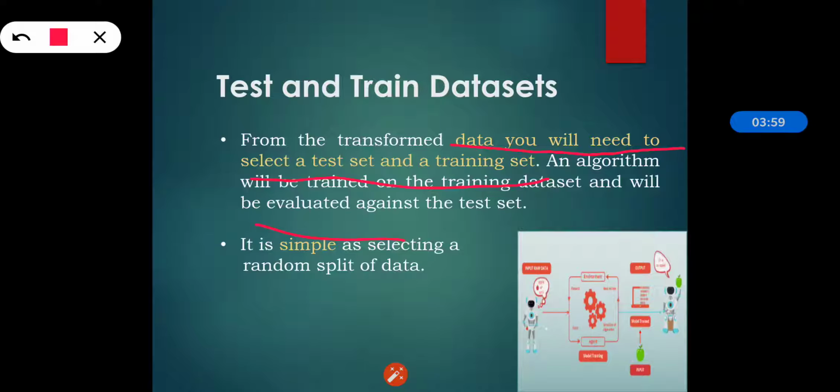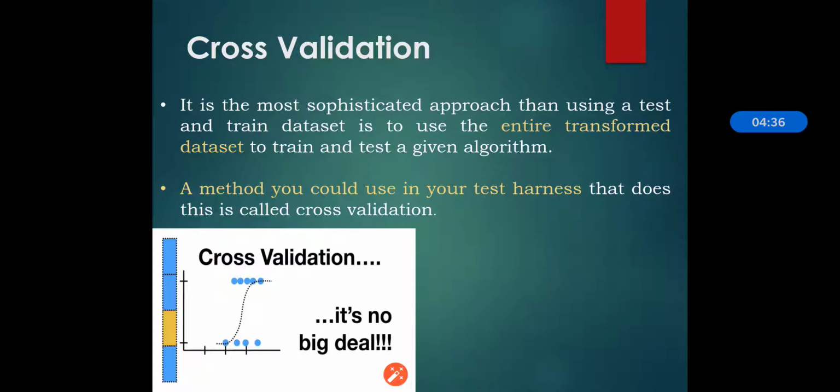Then from the transformed data, we have to select both the test set and training set, and then the algorithm will be trained on the training dataset so that we can evaluate it against the test dataset. It is as simple as selecting a random split of data, generally 66% for training and 34% for testing, or we can involve more complicated data samples as well. A trained model is not exposed to the test dataset during training, and any predictions made on that dataset are designed for measuring performance. That is all about the test and training datasets.